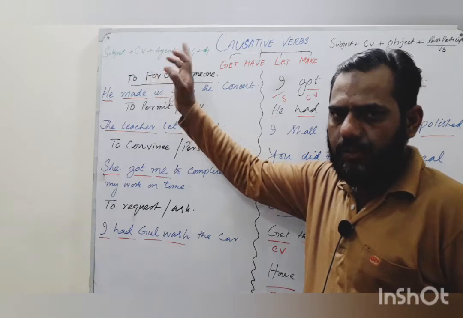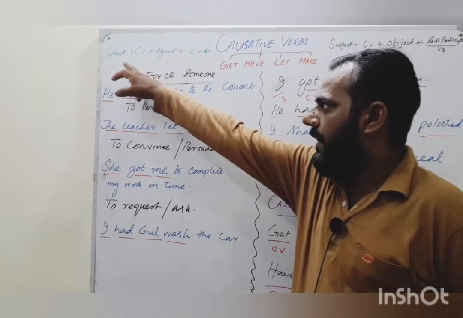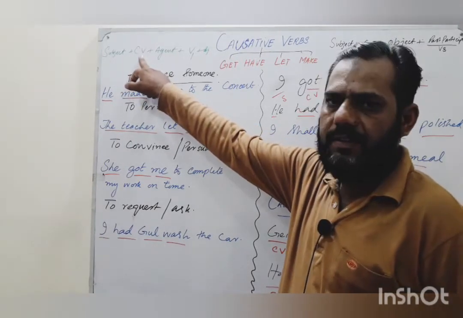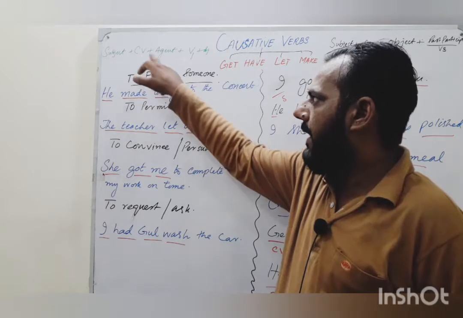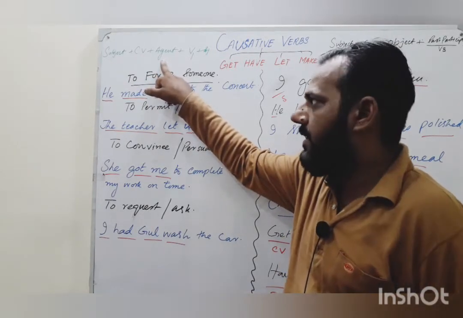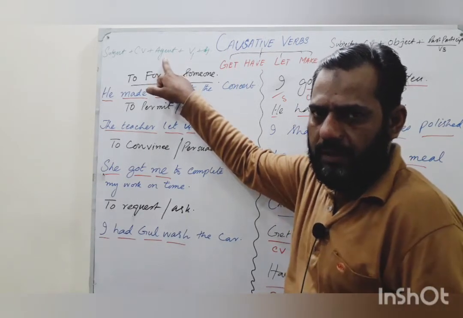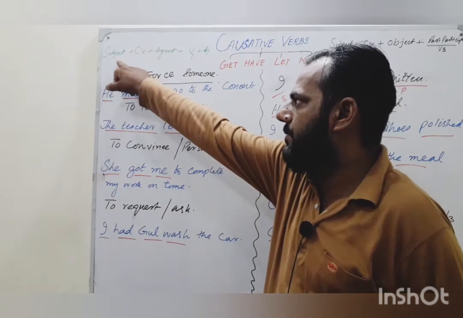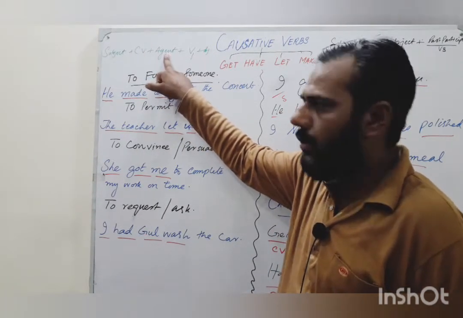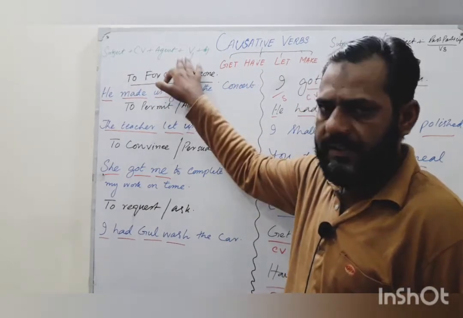Causative sentences are those in which the causative verb is used. Look, the first subject is used here. After that we have a causative verb and then the agent. Agent means the second subject which is caused to do some kind of stuff. This subject gets the work from another subject, the agent, to perform the duty. So it is the first example.